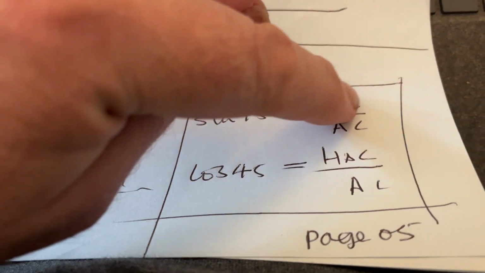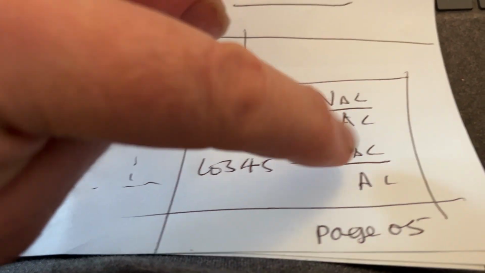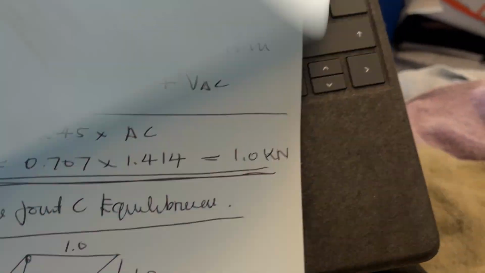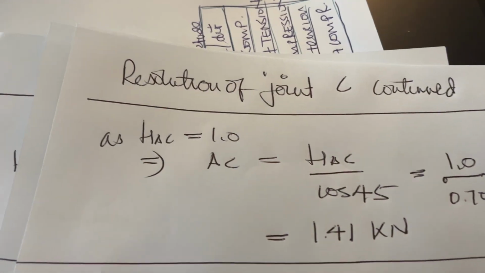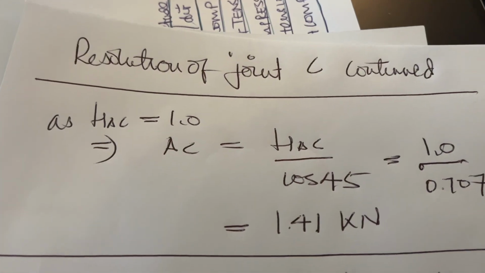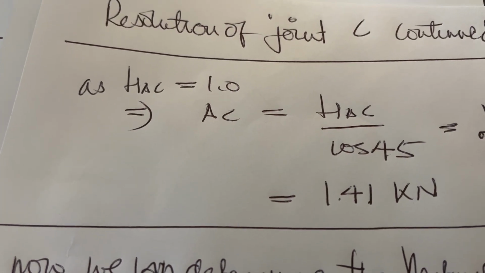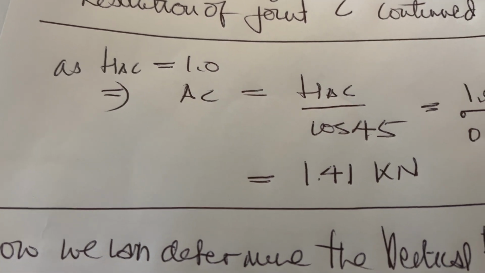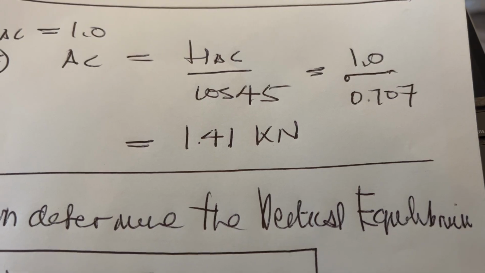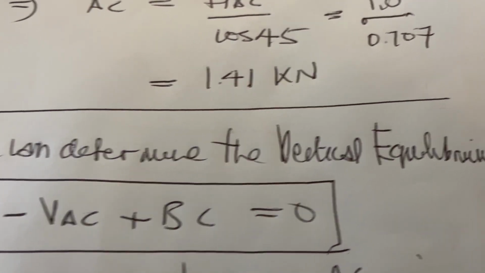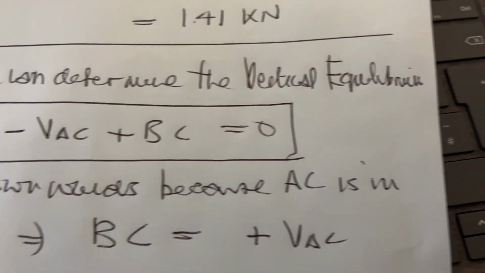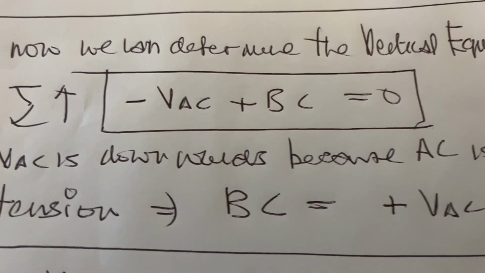Sine 45 equals VAC over AC. Cos 45 equals HAC over AC. Whoa, I'm going quite fast, isn't it? Resolution of joint C continued. As HAC is 1, AC equals HAC divided by cos 45 equals 1 over 0.707 equals 1.41 kilonewtons. Now we can determine the vertical equilibrium.